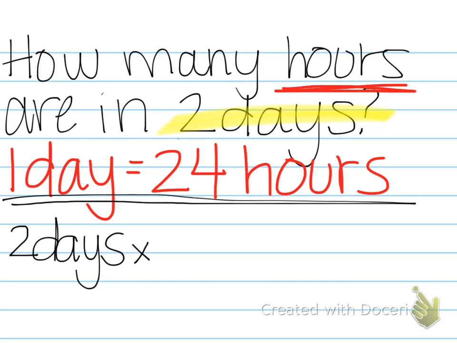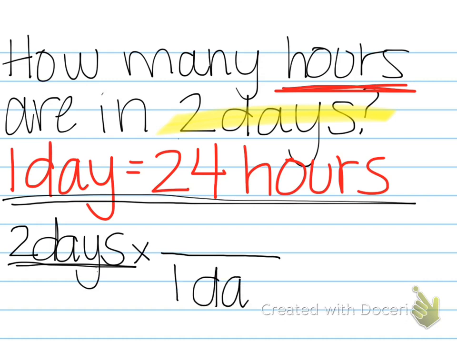Now, if you remember back to the density video that you watched and when you did those problems, if a unit is on the top and a unit is on the bottom, they cancel. So we want days to cancel. Days is on the top on this side over here, the 2 days. We need days to be on the bottom.